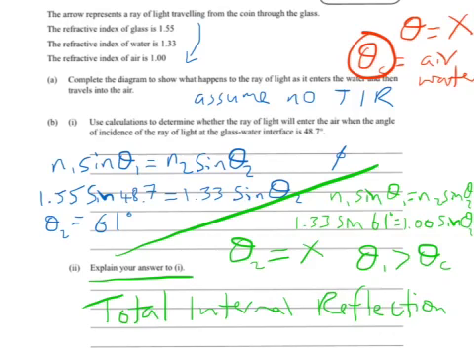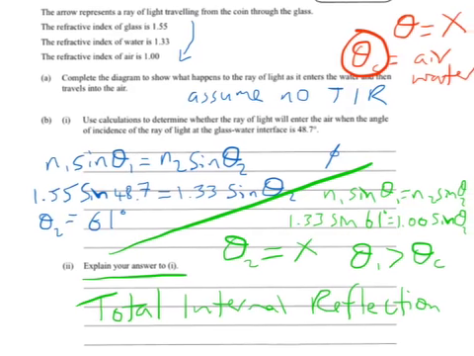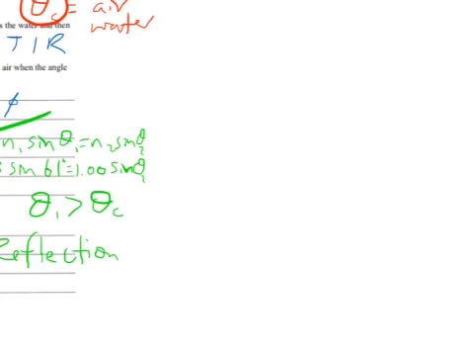As I said, the other way you could do this is by calculating the critical angle for the air-water boundary. I'll just very quickly show you that, but we're going to come across to the side because we've finished with that, and I'll throw that in red.